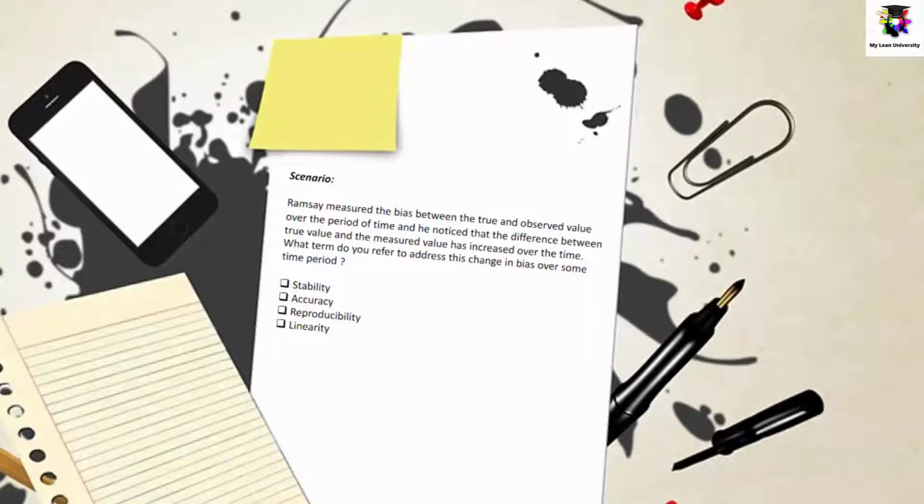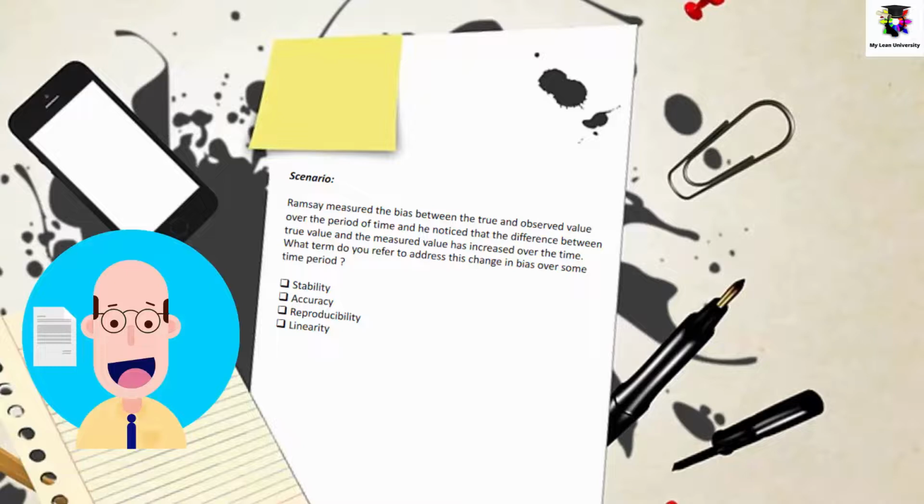Second scenario. Ramsey measured the bias between the true and observed value over the period of time, and he noticed that the difference between true value and the measured value has increased over the time. What term do you refer to address this change in bias over the period of time? Is it stability?